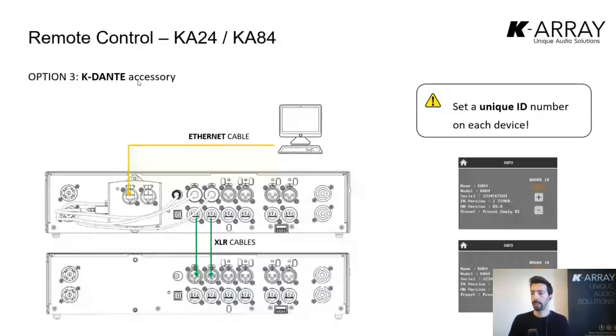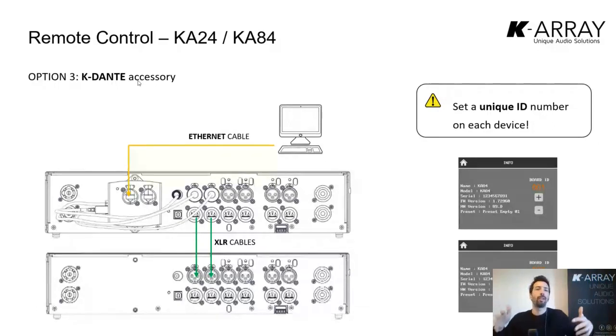The problem is that if you do so, you are kind of repeating the same audio signal on all the amplifiers. So the K-Dante is bringing only 2 channels of iZebu, and then you are repeating these 2 channels on all the other amps.